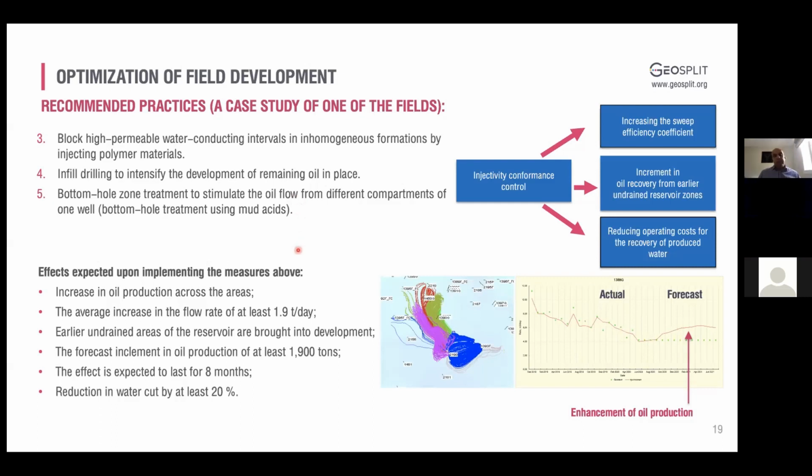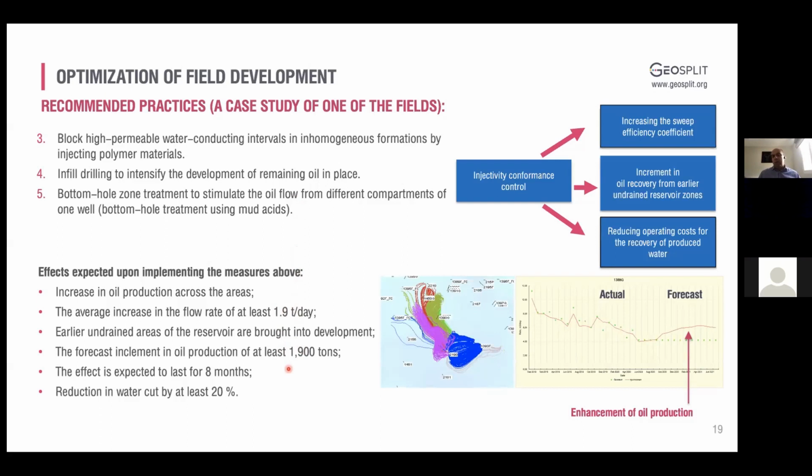All of those allowed the end user to increase the average flow rate per day to 1.9 tons per day, which would eventually give the client an incremental production increase of 1,900 tons over 8 months.